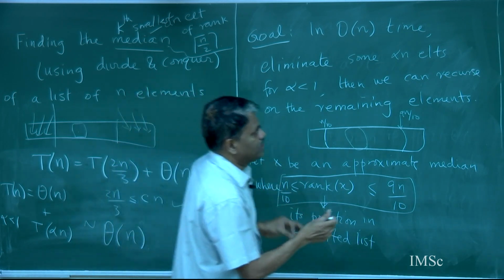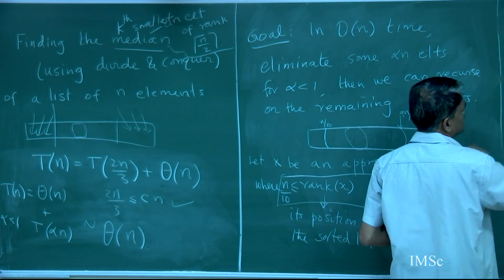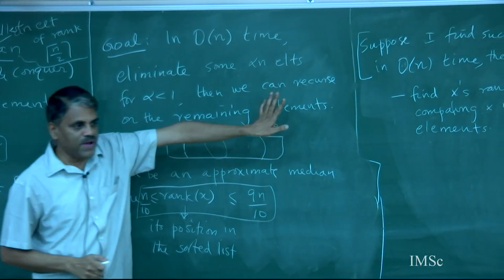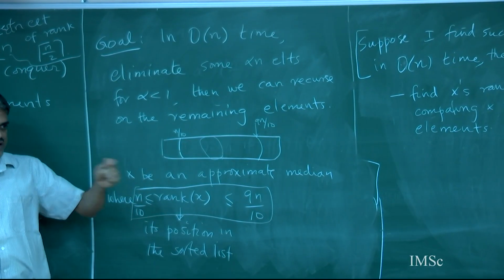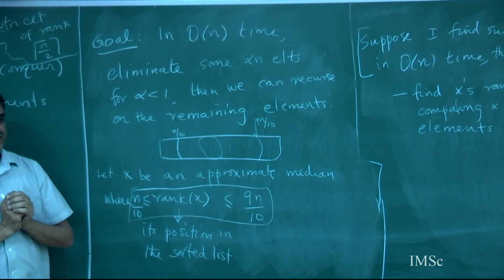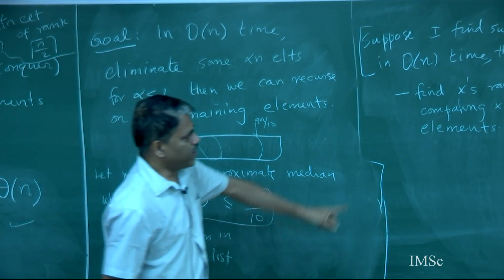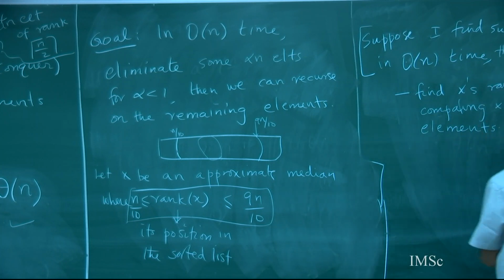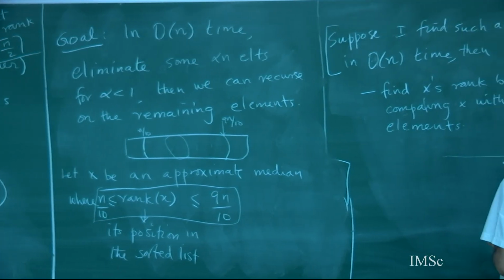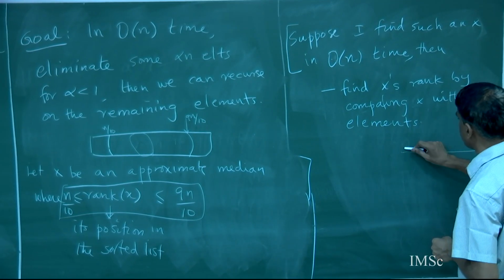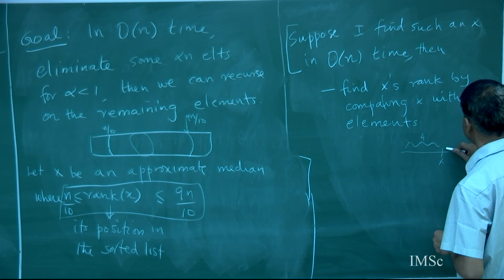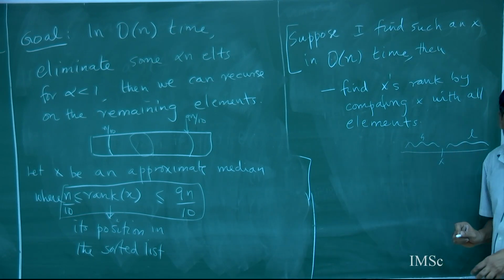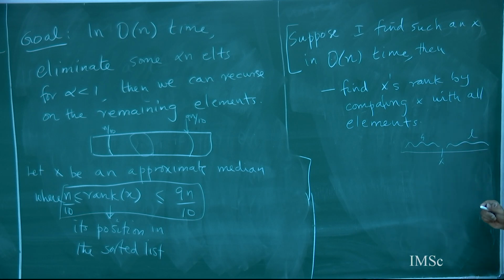This is a big if. We'll come back to this later. But suppose I manage to find such an x in linear time, then I'm claiming that I'm done. What do I do? First find x's rank, compare it with all elements. So now I know how many are smaller than this and how many are larger than this in linear time. I am after the kth smallest element.